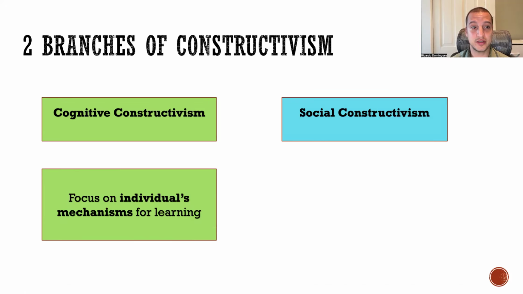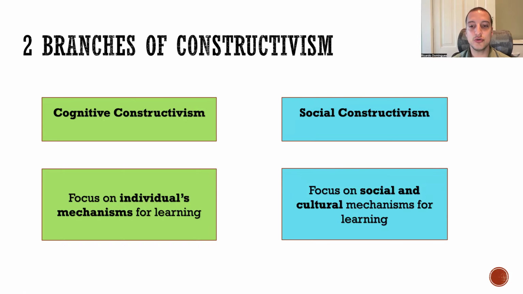Cognitive constructivism will try to understand individuals' mechanisms for learning. Learning is constructing knowledge, and cognitive constructivism will emphasize how the individual constructs knowledge, the individual mechanisms for learning. Social constructivism, on the other hand, will analyze social and cultural mechanisms for learning.